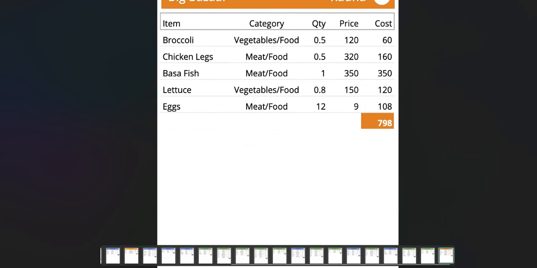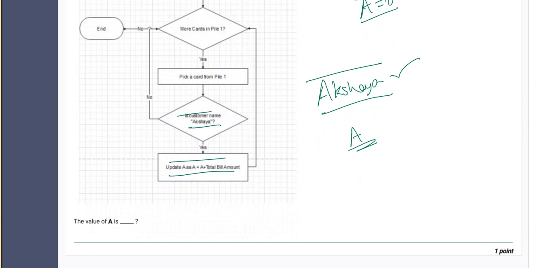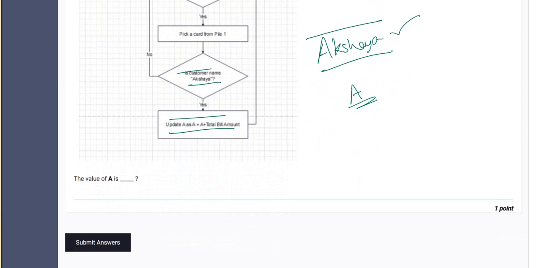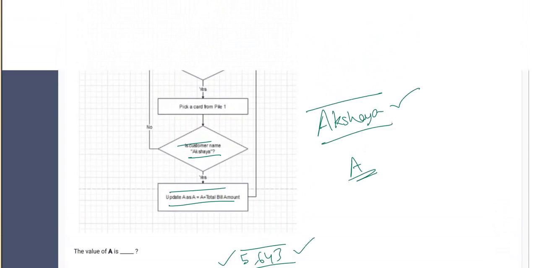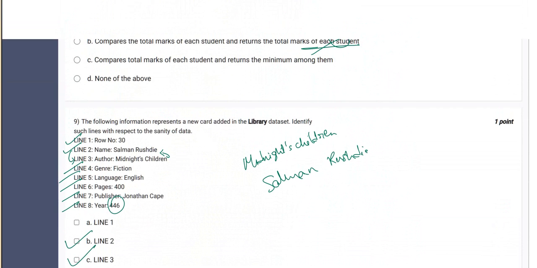Yes, that's it. So the total will be something like 1341, 1341, 4174, 128. Therefore the total bill amount will be 5643. 5643 is the total billing amount made by Akshaya by visiting the supermarkets, right?